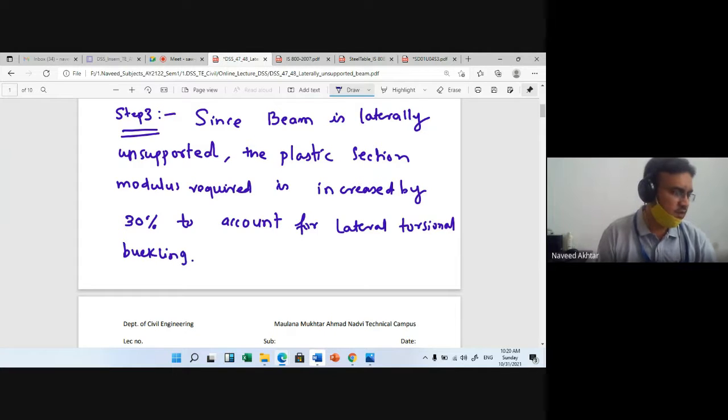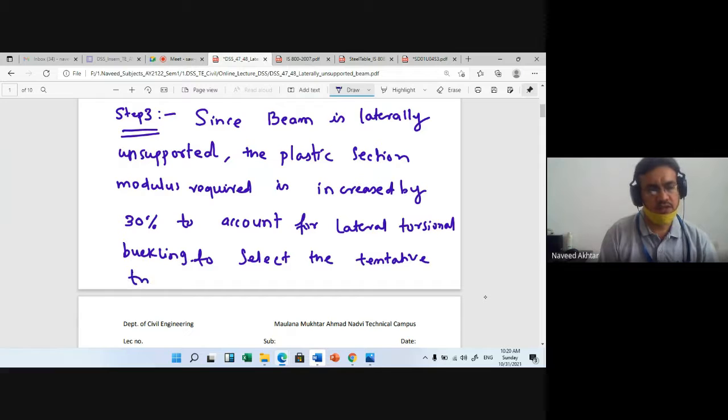To select the tentative trial section, this is step number 3.